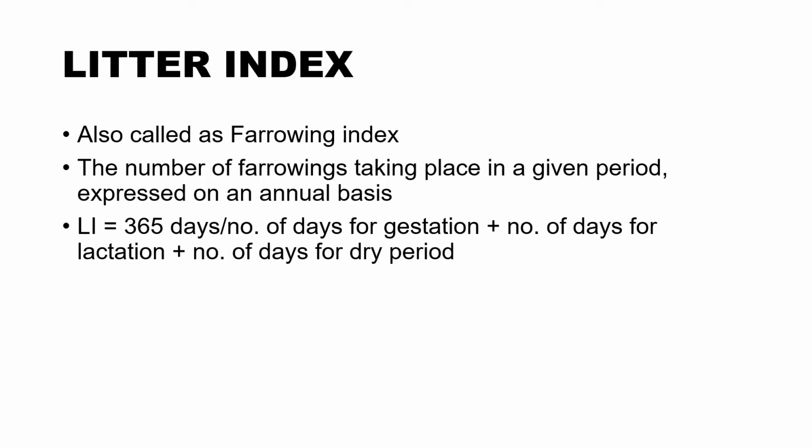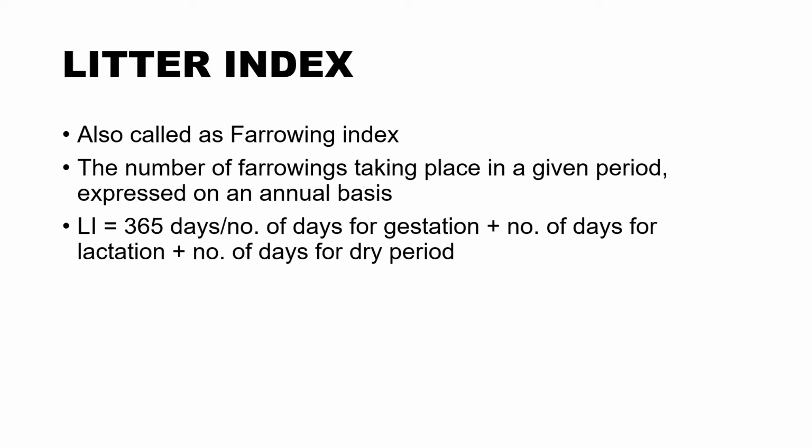So to compute this, litter index is equal to 365 days, that's 1 year, divided by the number of days for gestation plus number of days for lactation plus the number of days for dry period.